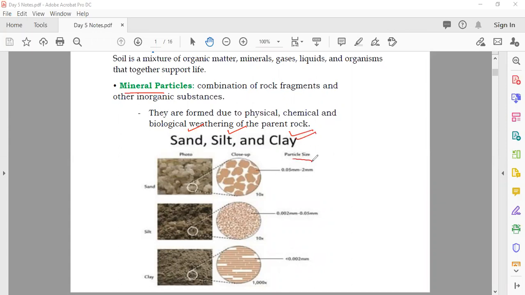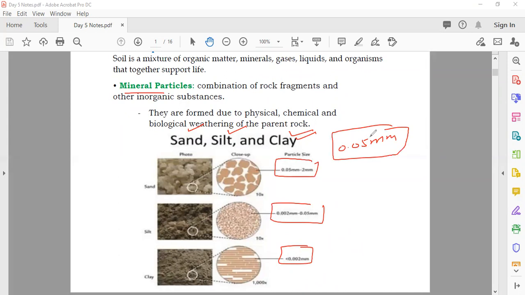I wrote their particle size here, just to tell you how small they are. If it is 0.05 millimeter, it is really small. So when you have soil in your hand, you cannot feel these particles one by one, but if you observe it under a microscope, then you can find all the sand, silt, and clay there.